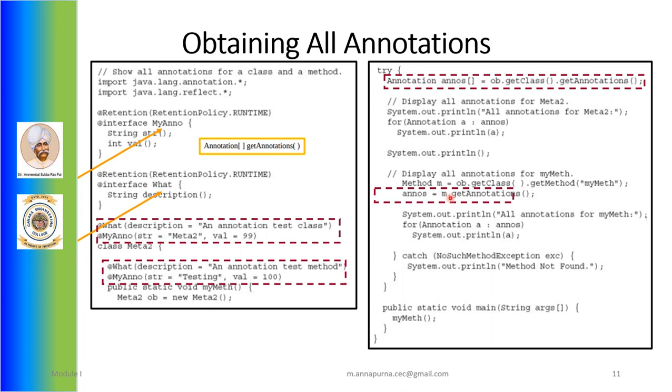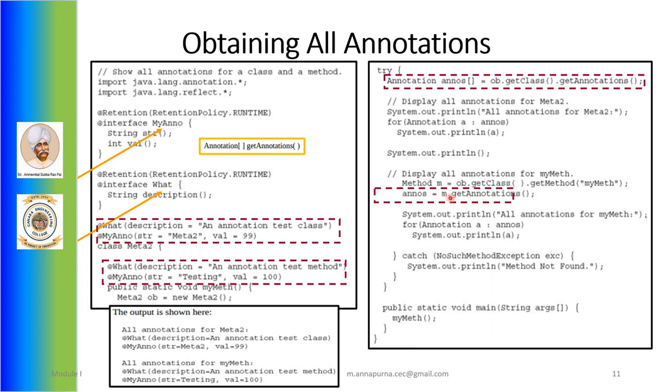We can see an array of all annotations associated with the Meta2 class and the myMeth method in the following output. So these are the annotations that are associated with the Meta2 class, and these are the annotations that are associated with the myMeth method.